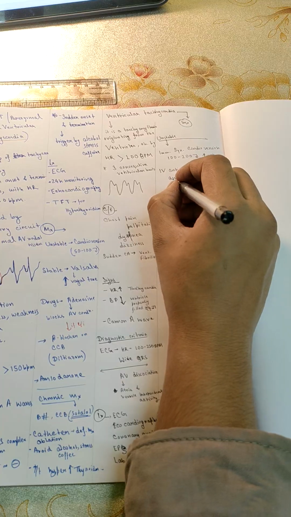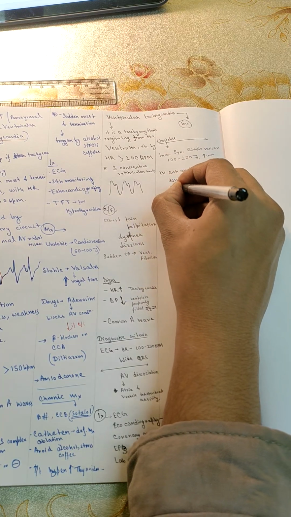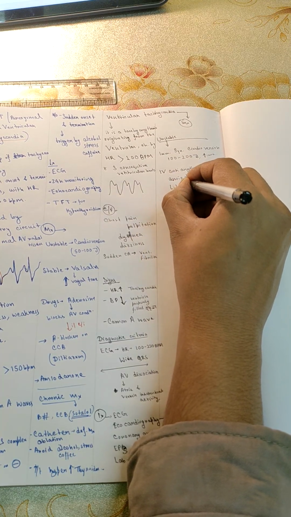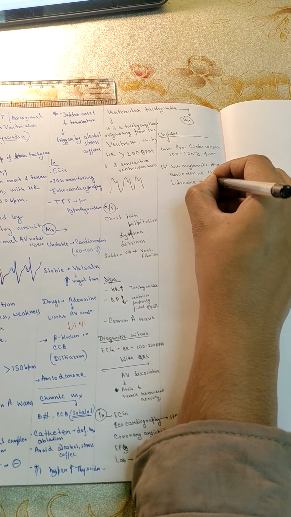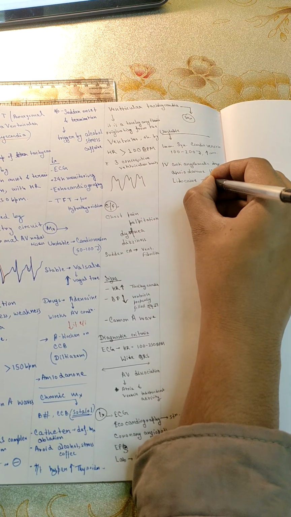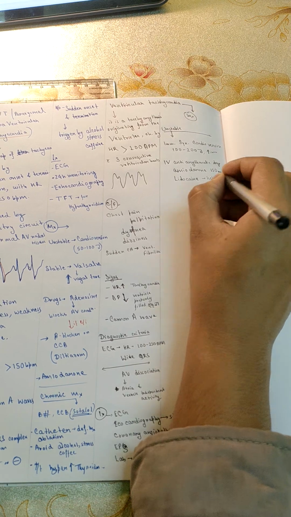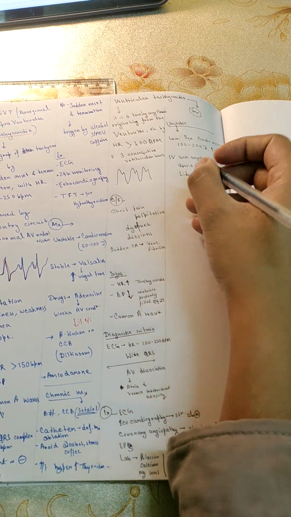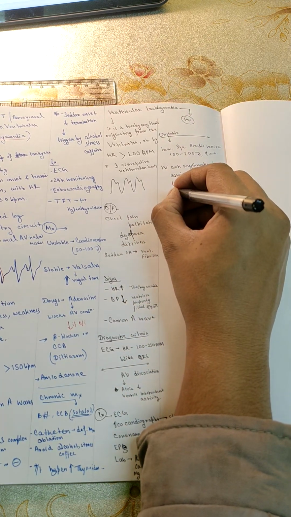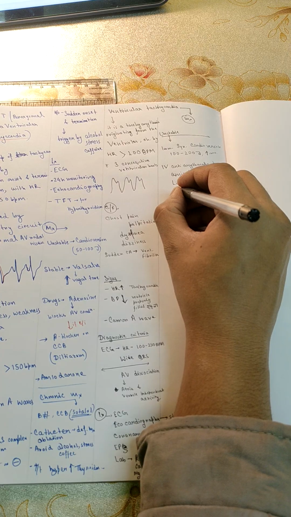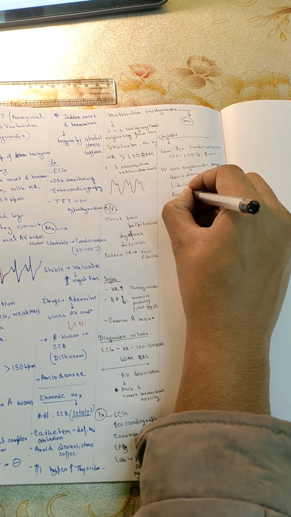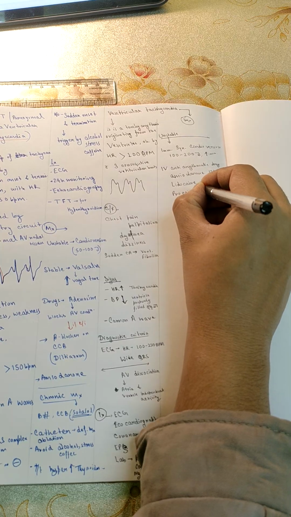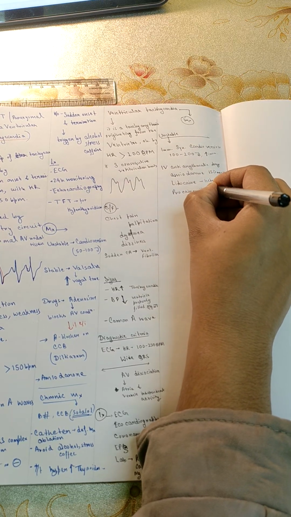Okay, lidocaine for ischemic ventricular tachycardia, and procainamide as an alternate.